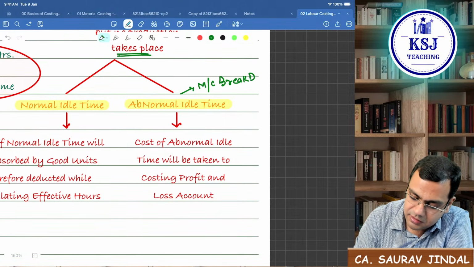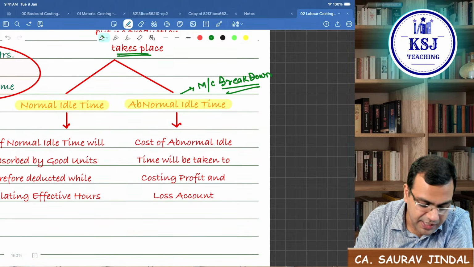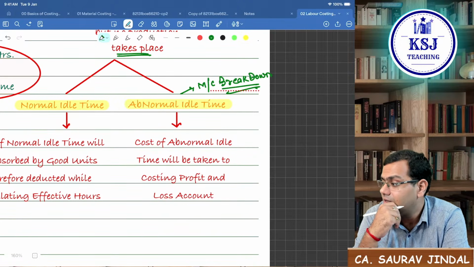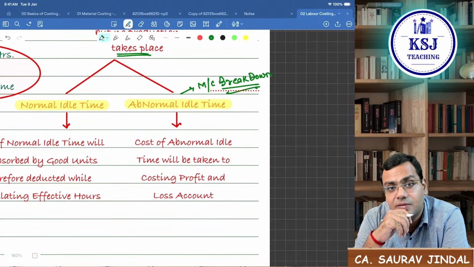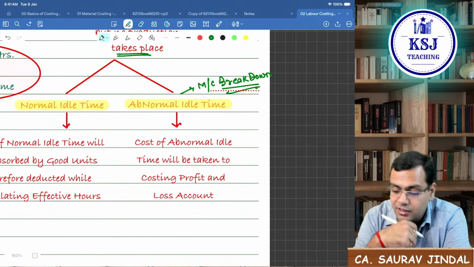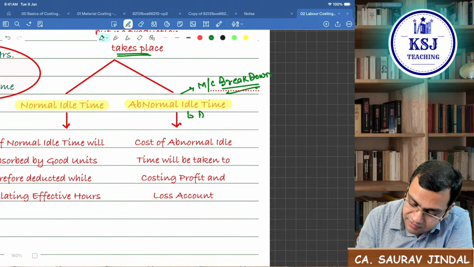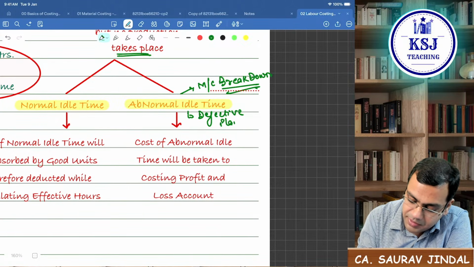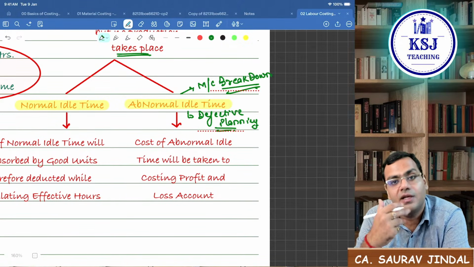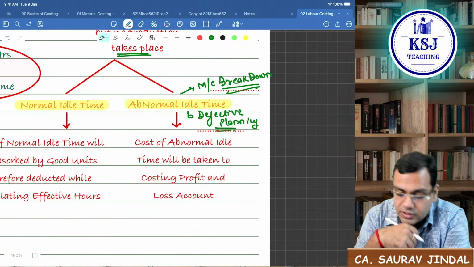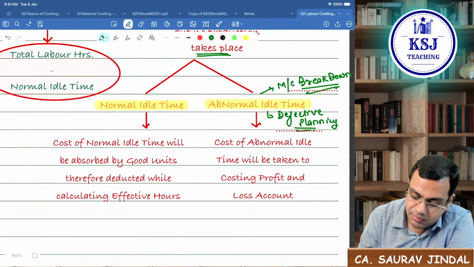No, sir. But because of machine breakdown, the worker is sitting idle. The worker is sitting absolutely free. Or it can be due to defective planning. Defective planning means the worker doesn't know what job he has to do next. So these are the reasons for abnormal idle time.